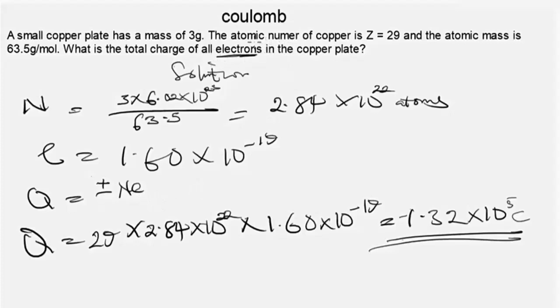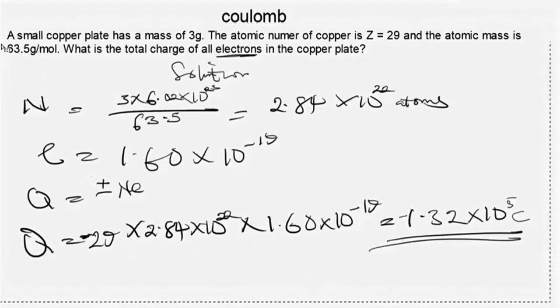Since we are calculating the total charge of all electrons in the copper plate, this equation holds with the minus here. So we have minus 29 times 2.84 times 10 to the power of 22 times 1.60 times 10 to the power of minus 19, to give us this. Alright.